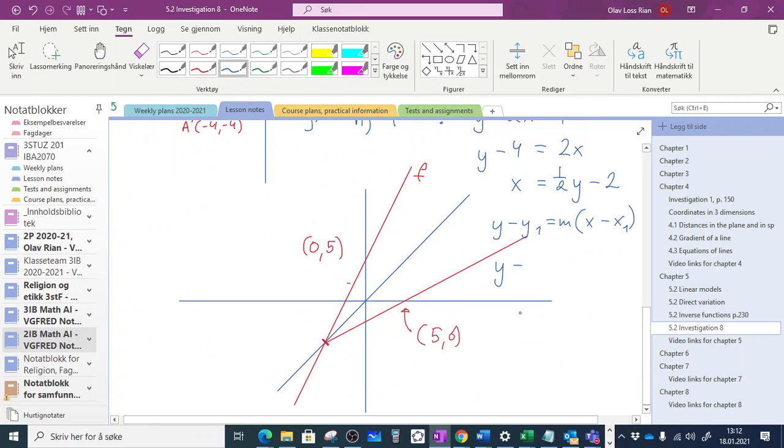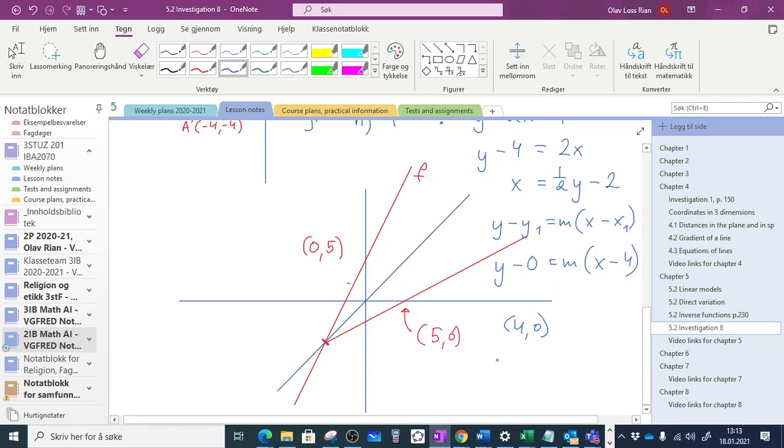So we could use the point 4, 0. So y minus y1 would be y minus 0 equals m, and then x minus 4. And what is m? Well, m is going to be the gradient of the inverse function.